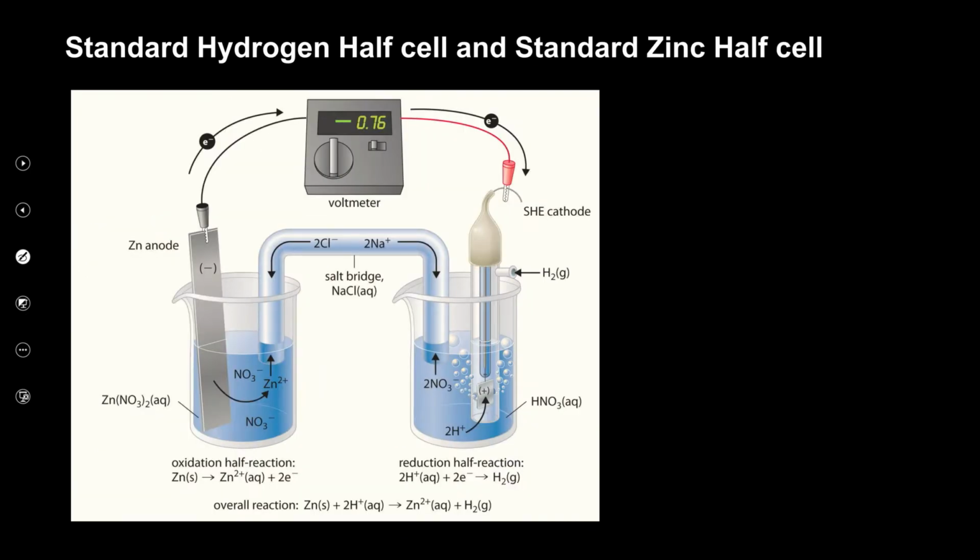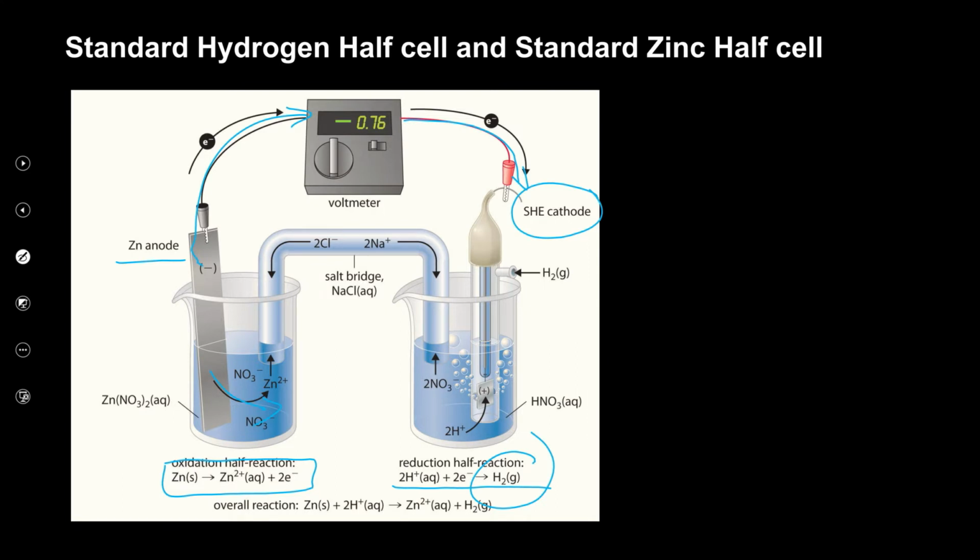Here's the example of comparing the zinc anode with the standard hydrogen electrode being the cathode. And what you'll notice is that zinc is able to donate its electrons, and the electrons move through the voltmeter to the cathode, and at the cathode there is a reaction where the acid is gaining electrons to produce more hydrogen gas, where over here the reaction is the zinc metal is going into solution to produce more zinc ions.